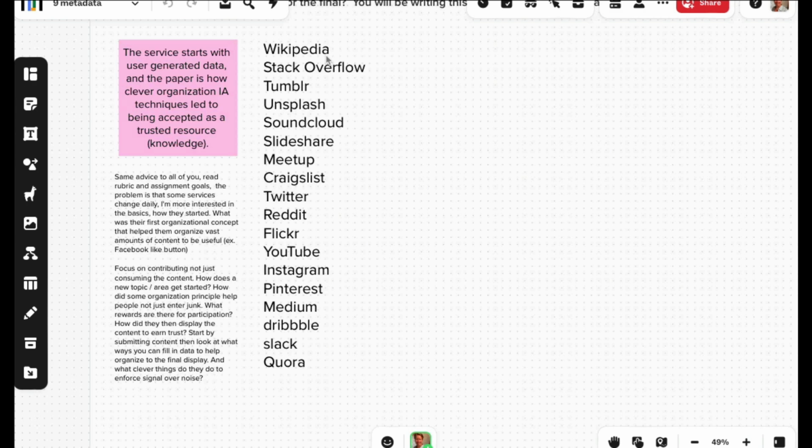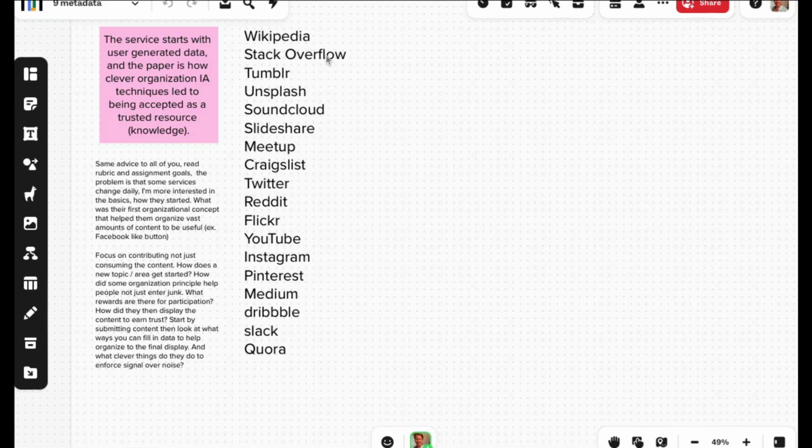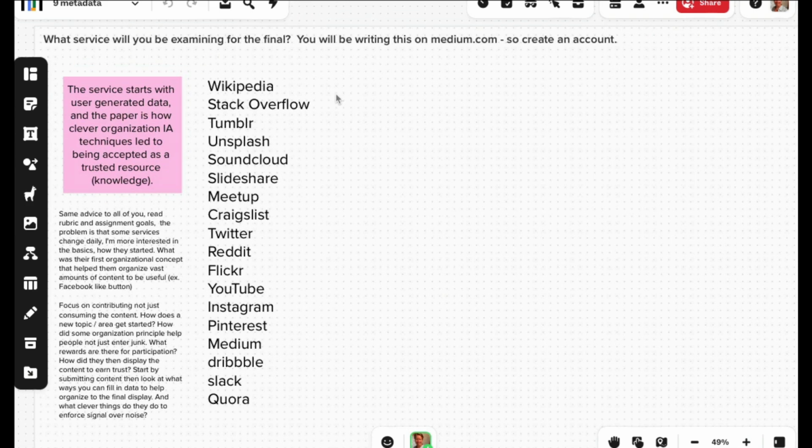In case you didn't know, anyone can submit an article to Wikipedia, but that gives you your base data, and then you get to use the techniques that we've learned of how is that organized? What is the taxonomy? What are the ways that people could ever find the information that you submit? And that's true of all these, and that's what most of the paper is going to be about.